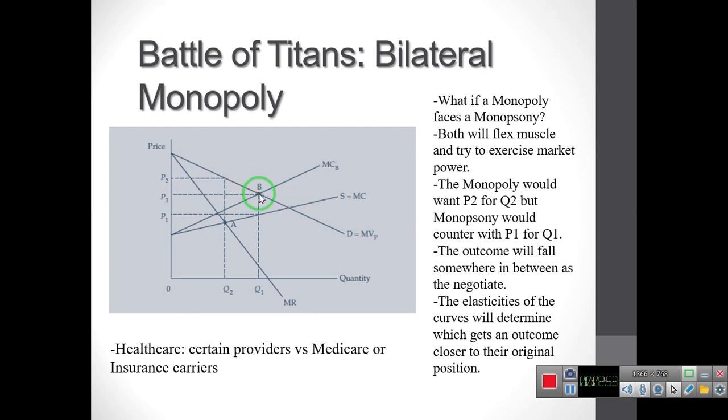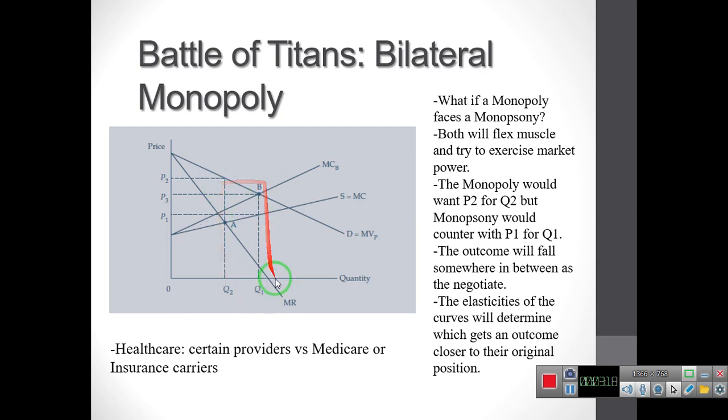So they will want to purchase Q1 at P3. As you can see already, the buyer wants to pay a lower price, P3. The monopoly wants to charge a higher price, P2. The monopsony wants Q1, but the monopoly only wants to supply so little.